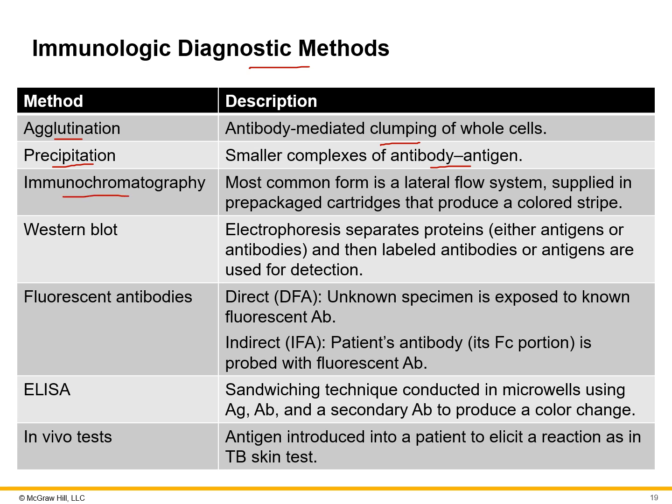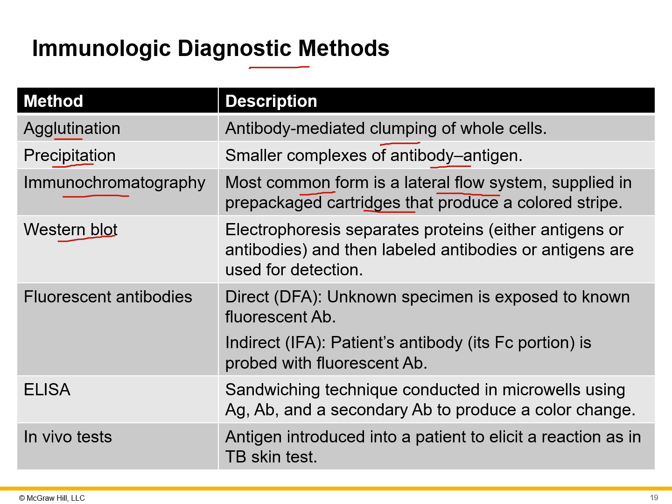Immunochromatography, the most common form is what's called a lateral flow system, in these prepackaged cartridges, and it creates some type of color change whenever there's a reaction present. So again, color changing based on the presence of an antibody-antigen reaction.